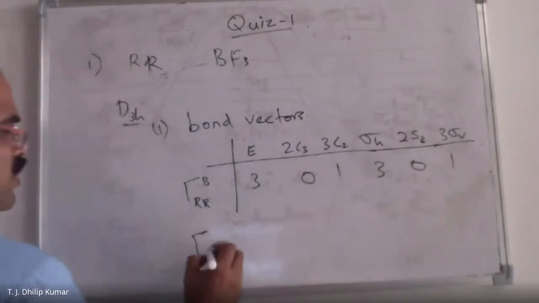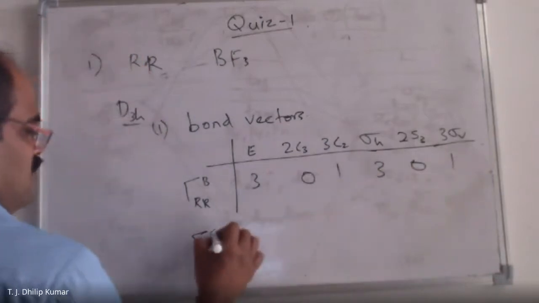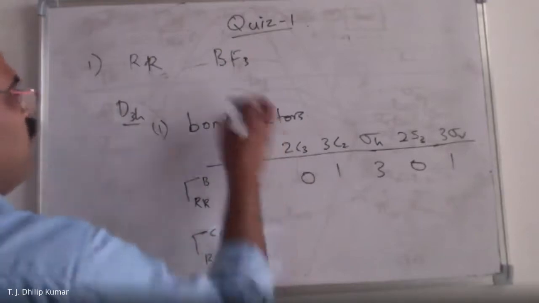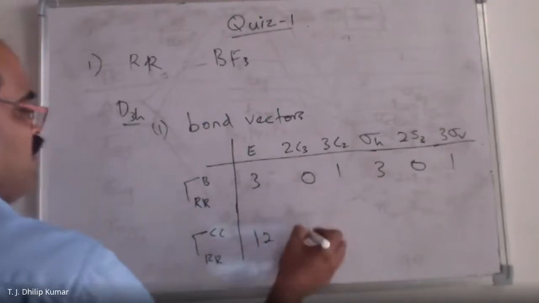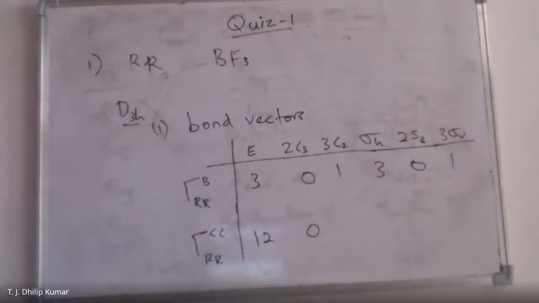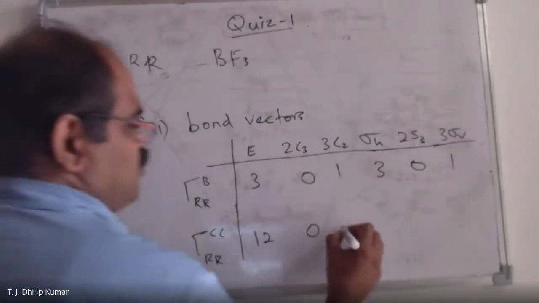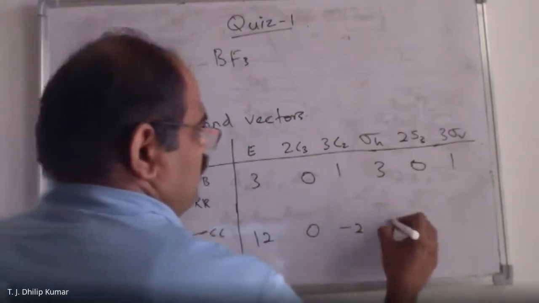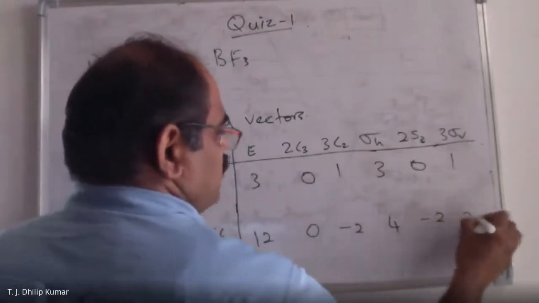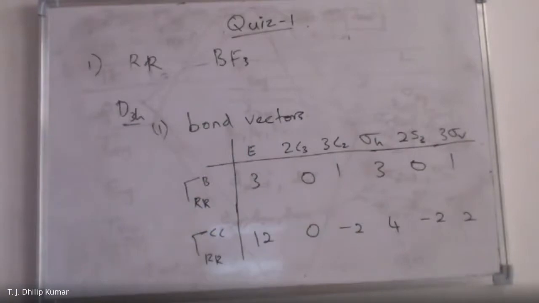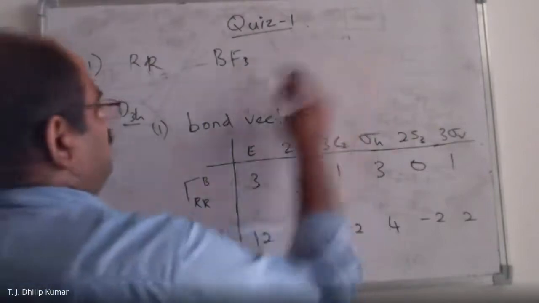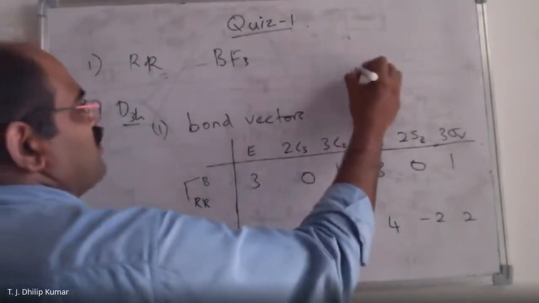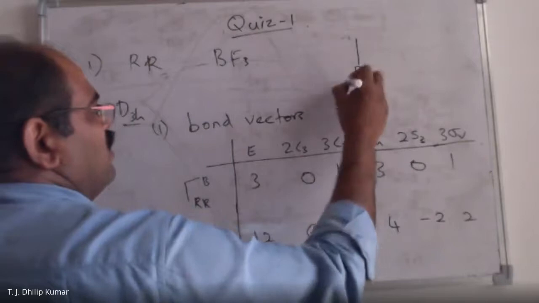The other one is the Cartesian coordinates. There are 4 atoms, so 4 into 3 is 12. So it is 12, 0, -2, 4, -2, and 2. Some people had a problem with this. This is BF3, right?